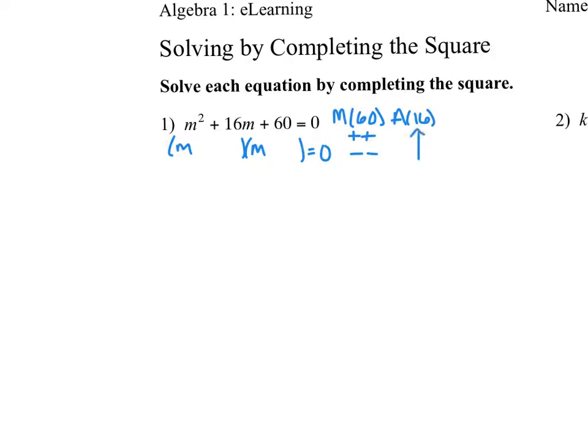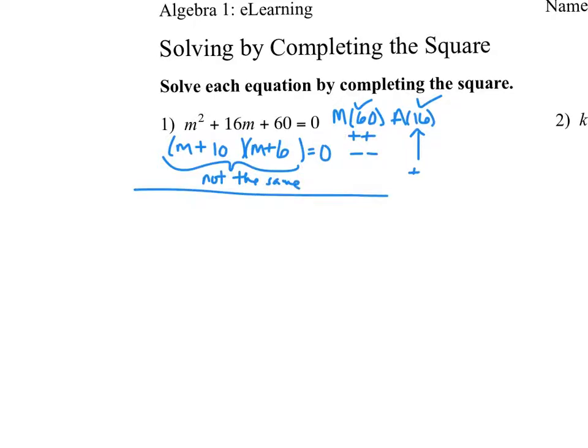So I look over here, and since 16 is positive, we're going to say plus plus. Now, if I think of numbers that actually fit that mold, I'm going to pick 10 and 6, right? Because 10 times 6 is 60, 10 plus 6 is 16. Now, the problem here is that these are not identical, okay? Not the same.